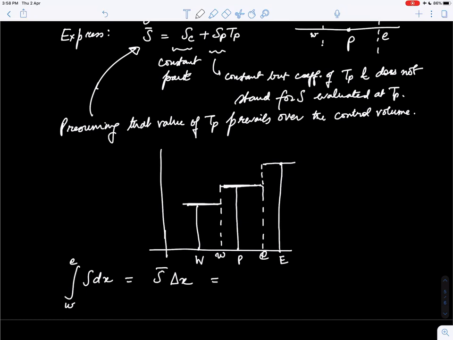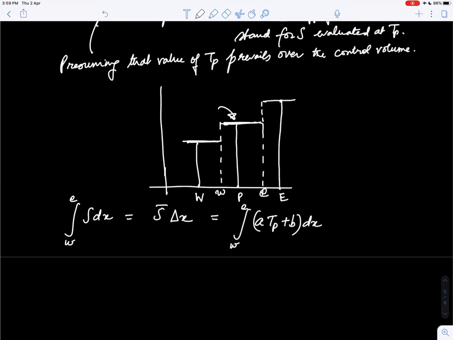The integral can be written as follows. If I assume that the value of S can be written as a function of temperature only, because when we say the temperature is completely fixed, we're taking the value of S based on some prevailing temperature T, and we are trying to linearize.